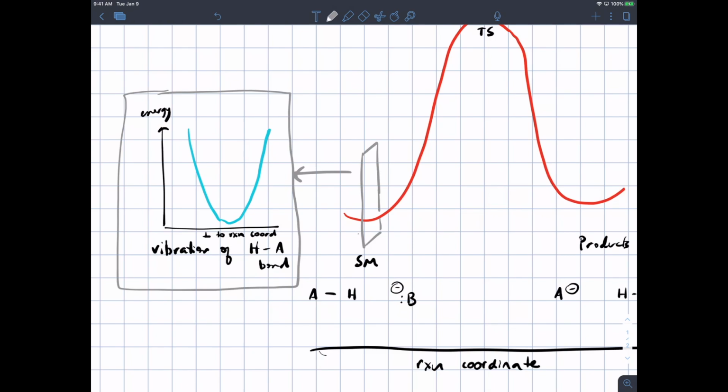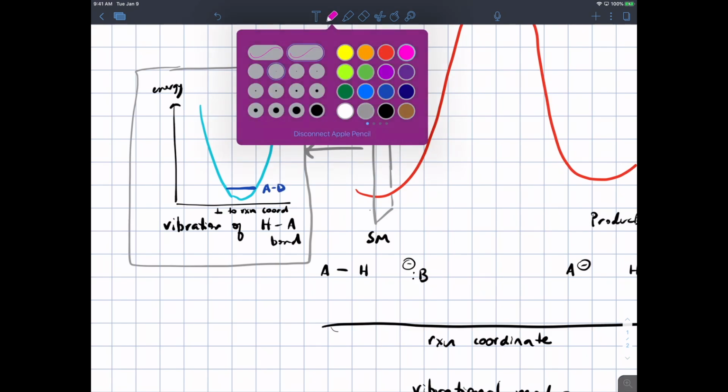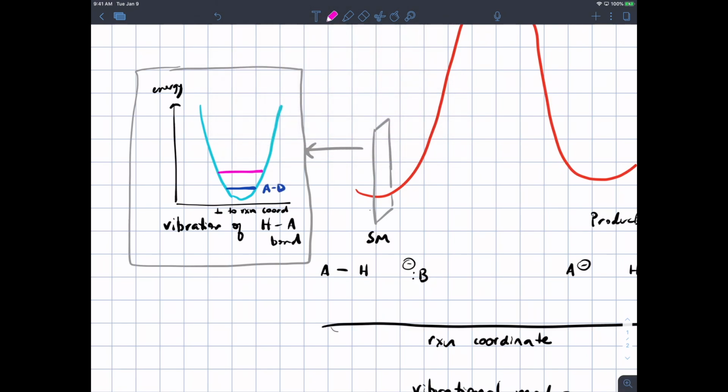You okay with that? Sort of blowing my brain up a little bit. So this would be where, say, the A-deuterium bond would be, and let's say, I'm exaggerating, this would be where the zero point energy for the A-hydrogen bond would be.